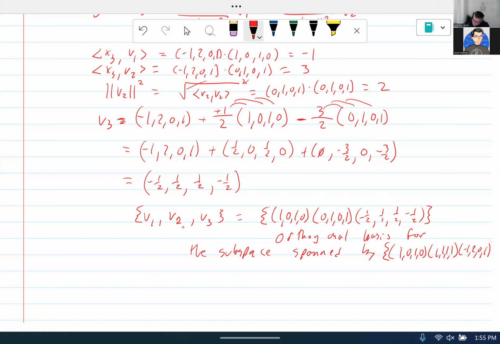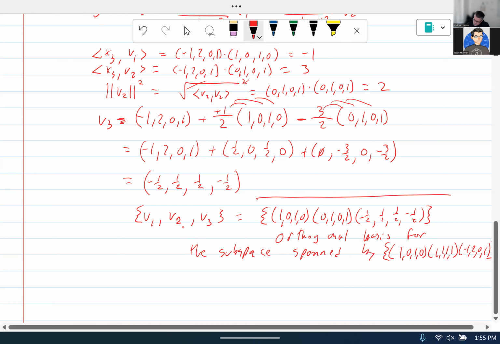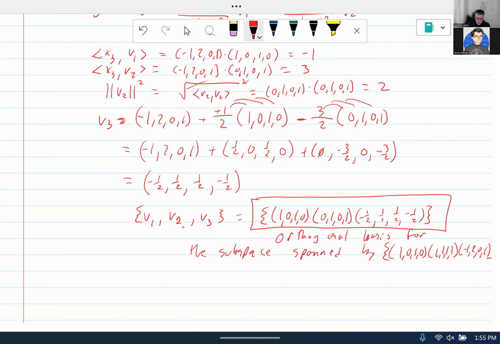So this is an orthogonal basis for the subspace spanned by those vectors. Basically what we did was we took non-orthogonal vectors and turned them into orthogonal vectors. So that's kind of cool.